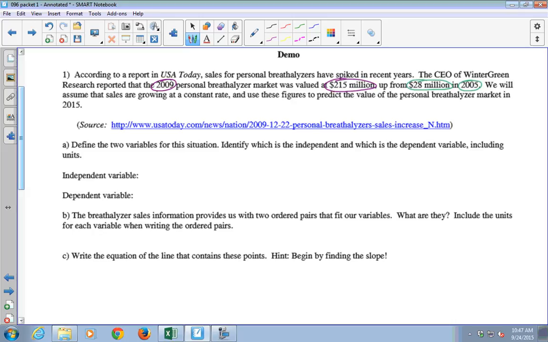All right, so my independent variable is going to be years since 2000. All right, and then my dependent variable is the other piece of information that they gave me, which is the value of the personal breathalyzer market, right?